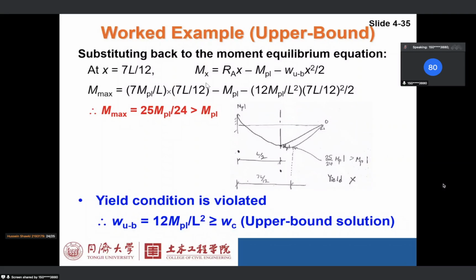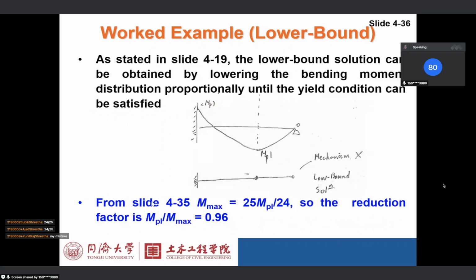Okay, good. So the reduction factor is 24 over 25, so approximately 0.96. This is a lower bound solution.